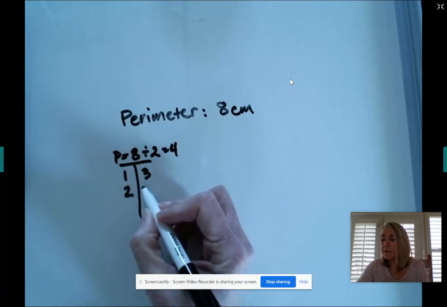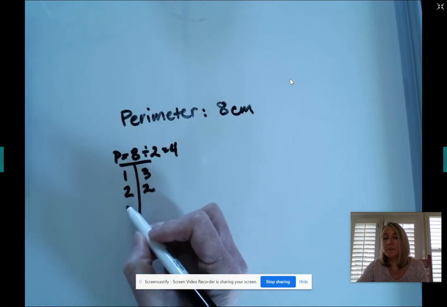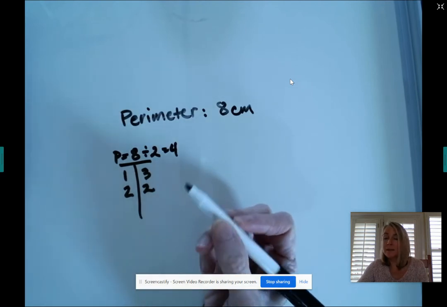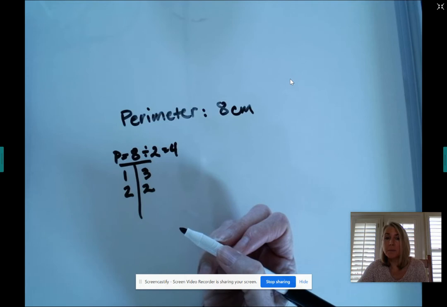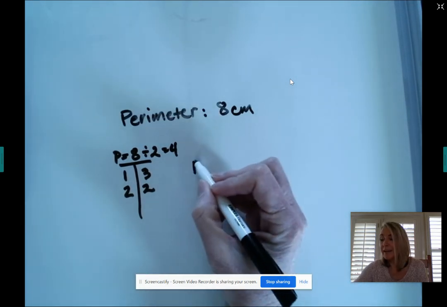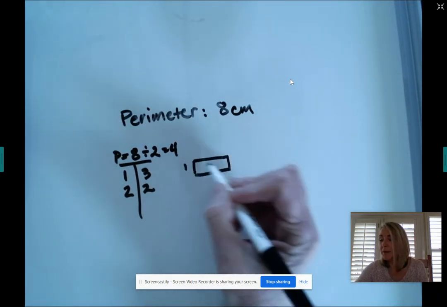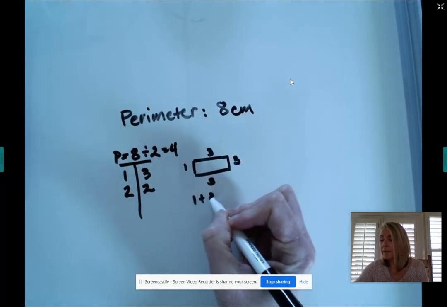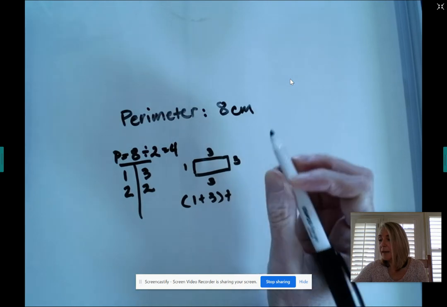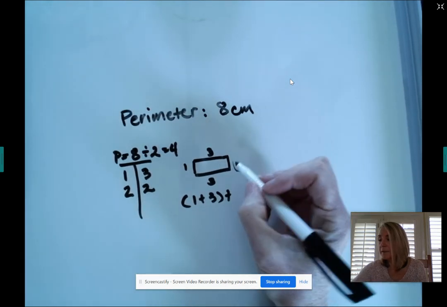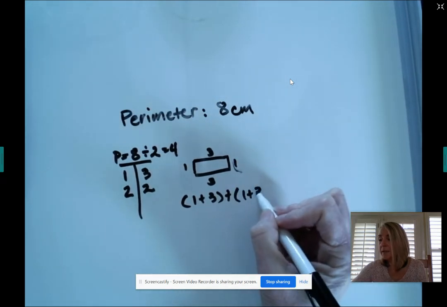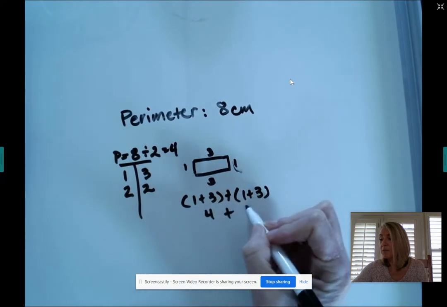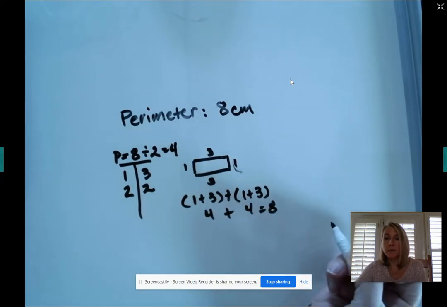A 2 plus a 2, and then I would hit the flip at the 3. So I only have 2 rectangles that are going to give me a perimeter of 8. And again, if you were to test it out, you have a 1 plus a 3 plus a 1 plus a 3, and you get 4 plus 4, which equals your perimeter of 8.